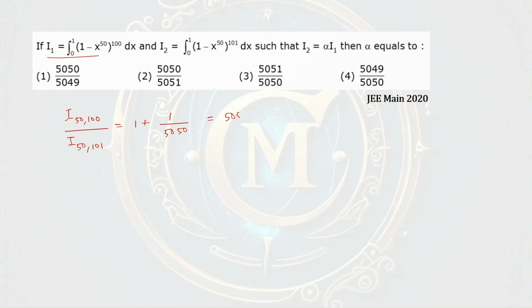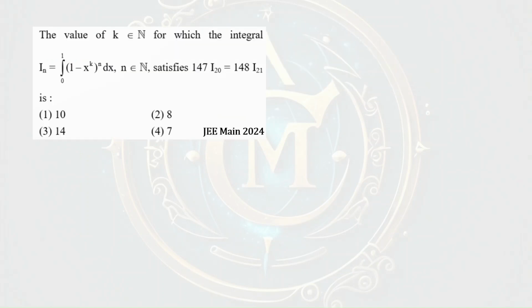So this will be 5051 divided by 5050. Now this is equal to I1 by I2. So I2 will be 5050 divided by 5051 times I1. That means the value of alpha comes out to be this. So option 2 is the correct option for this question.